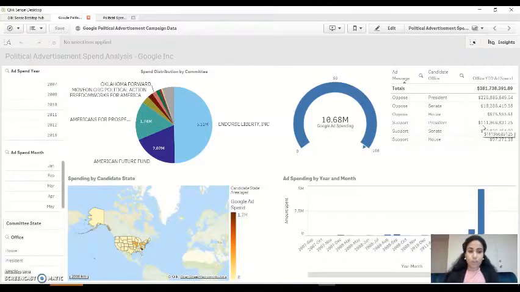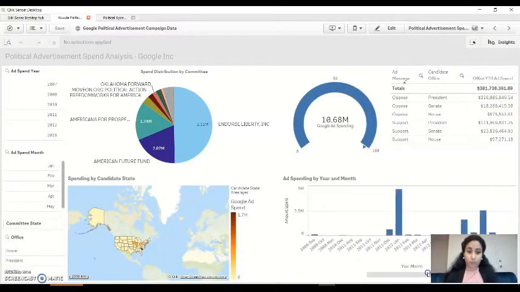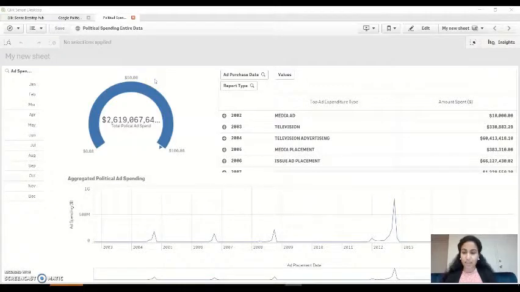So clearly a lot of the top priority in ad spending is for opposition rather than for support. On the bottom right over here, we see spending on Google Ads by year and month. Here's the distribution. We have lots more spending for 2012 and 2016.